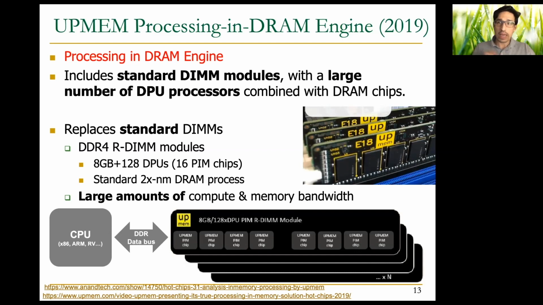Each of them can access their own DRAM bank, and they can enjoy very high bandwidth that is really suitable for memory-bound workloads. When I'm talking about a memory-bound workload, I mean that it's a workload that needs to access data very frequently while not performing much computation on this data.